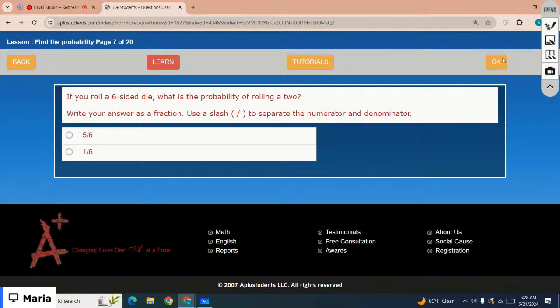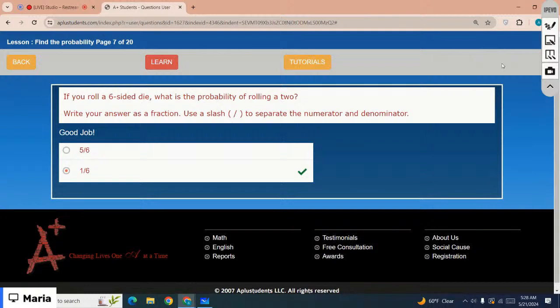If you roll a six-sided die, what is the probability of rolling a 2? Which is the correct option? That is 1 out of 6.